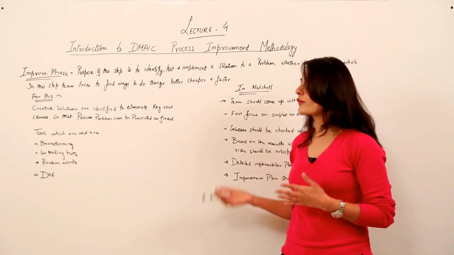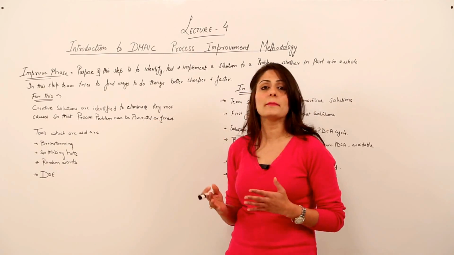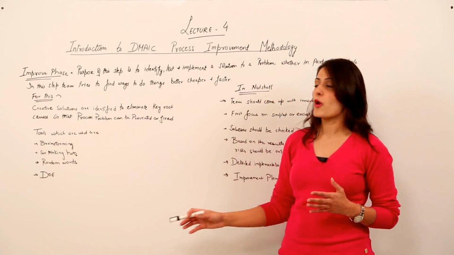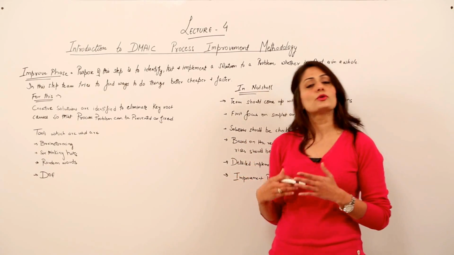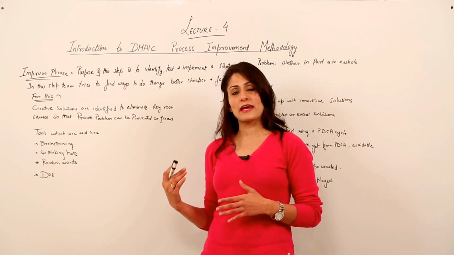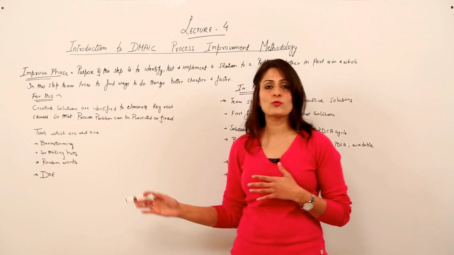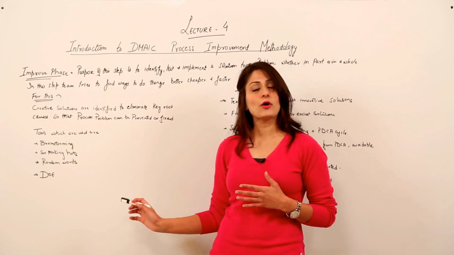So how to do this? For this, creative solutions are identified to eliminate key root causes so that the process problem can be prevented or fixed, right? And the tools which we use in this phase are brainstorming, six thinking hats, random words, etc. and even complex tools like DOE.